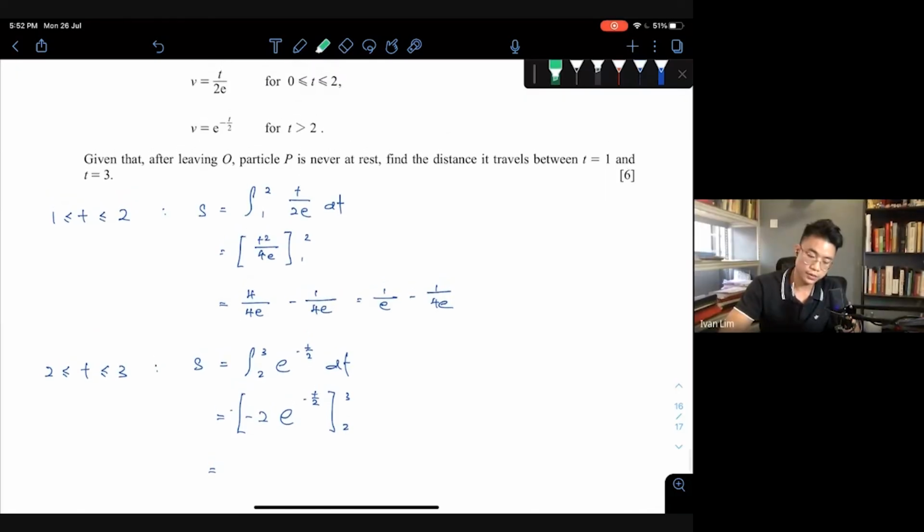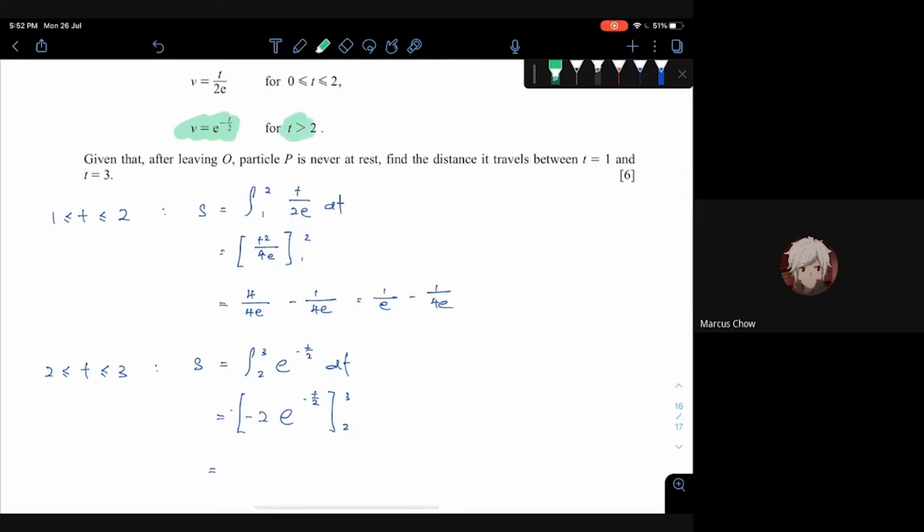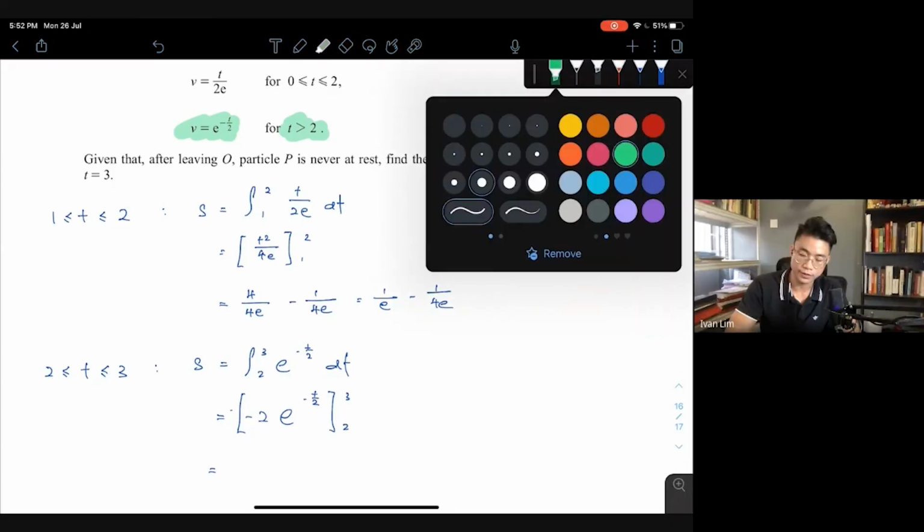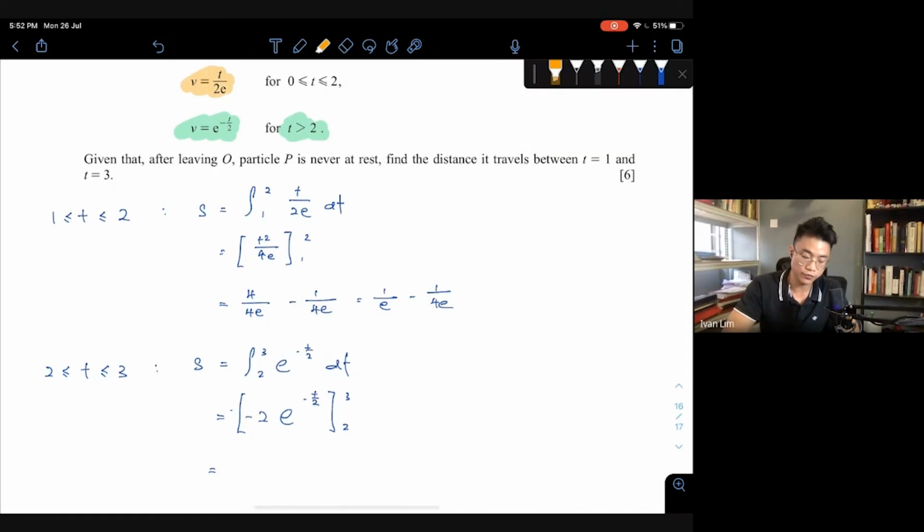You see, for more than 2 seconds, it follows this equation already. It doesn't follow v equals t over 2e anymore. So you cannot sub 1 into the second equation for the more than 2. After 2 seconds, it doesn't follow that motion anymore.